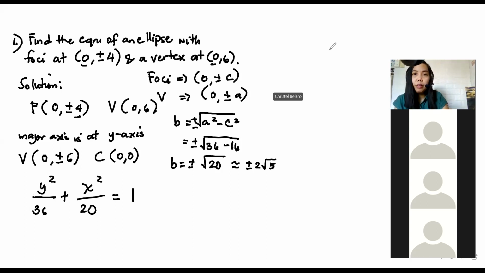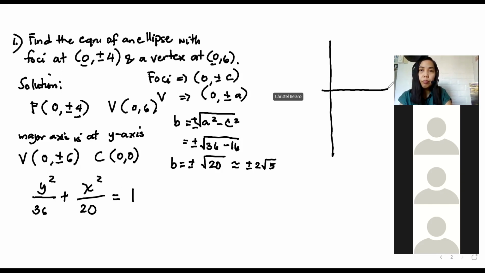So when we graph, the ellipse should be vertical, because the major axis is on the y-axis. The vertices are at (0, ±6): 1, 2, 3, 4, 5, 6. The foci are at (0, ±4): 1, 2, 3, 4.